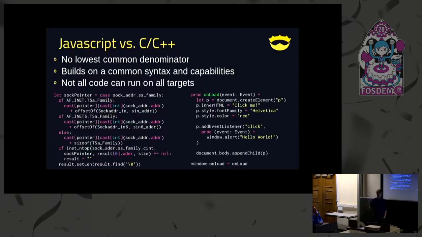We have the same syntax, the same metaprogramming capabilities, the same type system, but it's not exactly the same language. So it gives us all of the benefits of NIM, but it doesn't take away any of the benefits or capabilities of the underlying language.